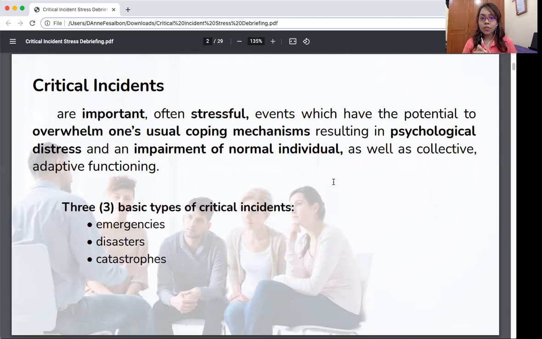This kind of debriefing was originally made for responders, such as policemen, nurses, especially those who are frontliners. But now it is also used for people who experience any stressful events or any natural disaster like flood, eruption. So this is basically open for anyone who has gone through these kinds of critical incidents.